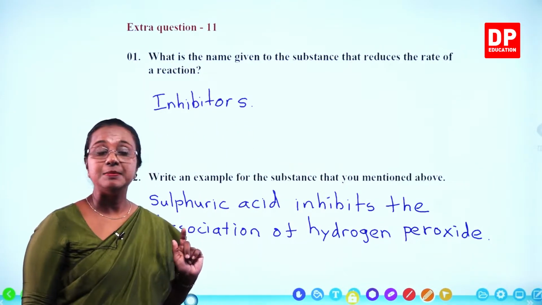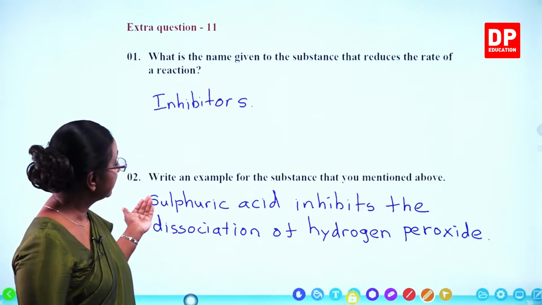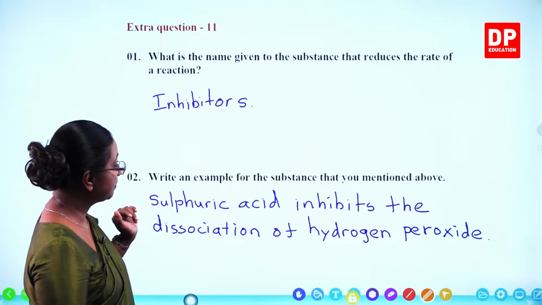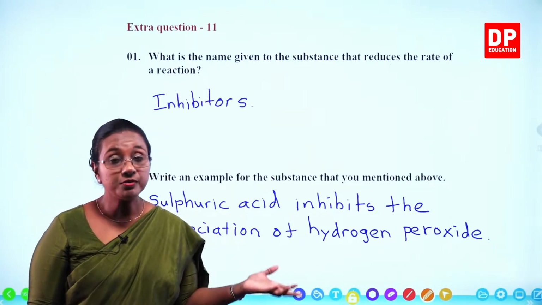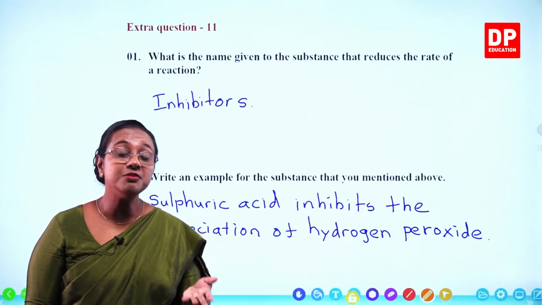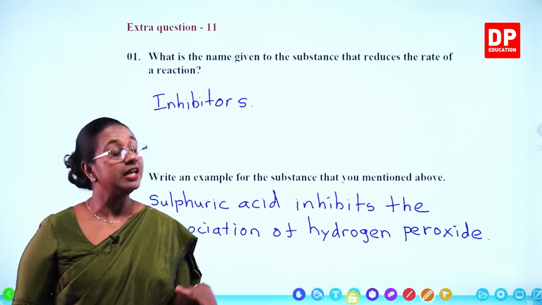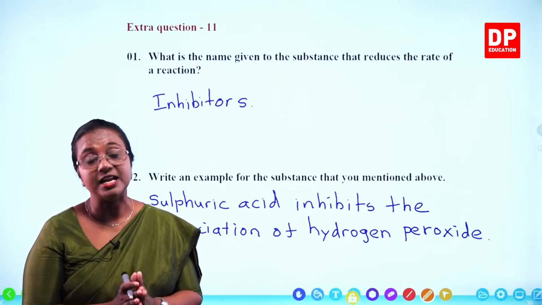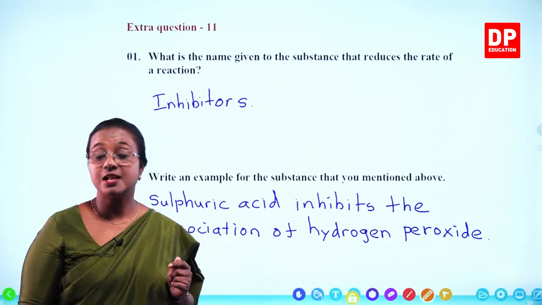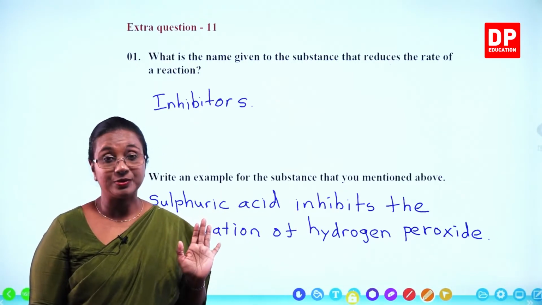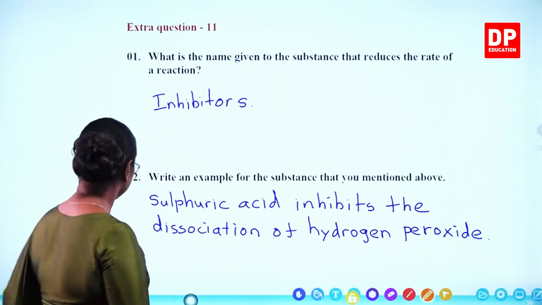Sulfuric acid inhibits the dissociation of hydrogen peroxide. Or you can say the dissociation of hydrogen peroxide can be inhibited by sulfuric acid. Or you can say sulfuric acid reduces the rate of dissociation of hydrogen peroxide. Anyway, you can mention that. So, as an example for inhibitor, you can consider sulfuric acid. Is that okay, students? So, then we'll move on to the next question.